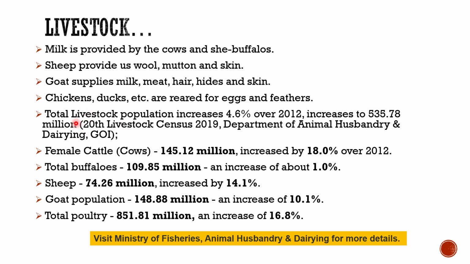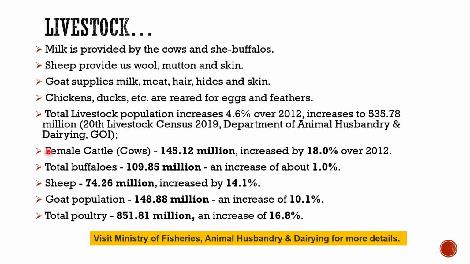As far as the data is concerned, the 20th Livestock Census, which was held in 2019 by the Department of Animal Husbandry and Dairying, Government of India, projects that the livestock population has increased by 4.6% over 2012, because the last livestock census was done in 2012. If we talk about the numbers, it is right now 535.78 million.